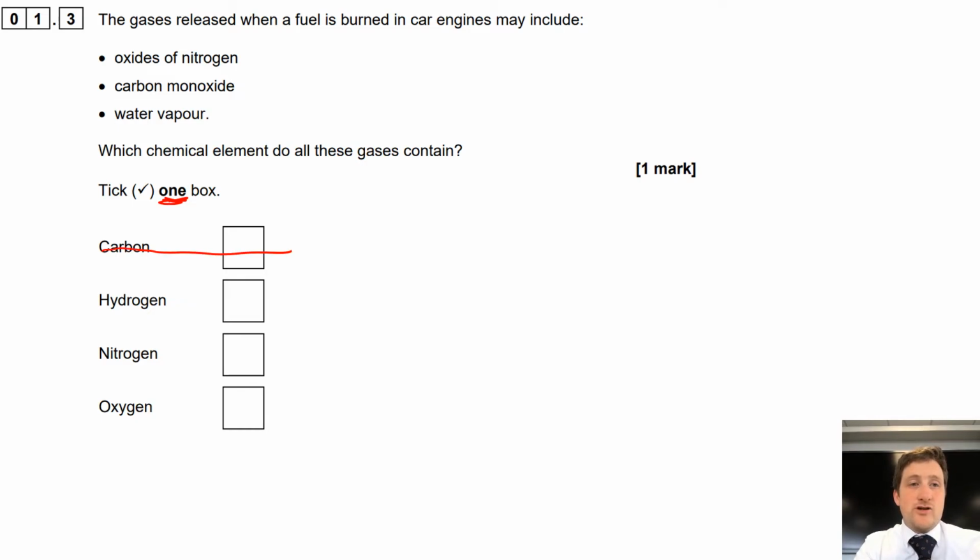Okay, hydrogen, oxides of nitrogen, that also doesn't involve hydrogen. And then it says oxides of nitrogen, okay, so it could be this. Carbon monoxide, well, it can't be that because that doesn't involve nitrogen. That means it must be our oxygen. We can also look and we know it says oxides and that says oxide. That tells us oxygen is in both. But water vapor, we need to know is H2O to be able to work it out from the oxygen point of view.